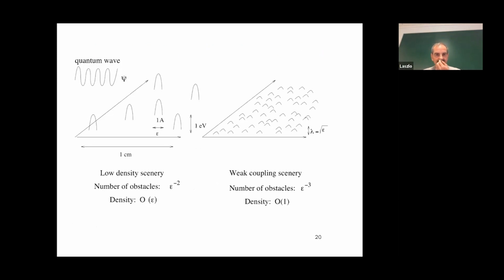So here's a picture, intuitively. It also shows two different scenarios to weaken the randomness. In all these models, it's important that the random potential is not terribly strong. It should not be too weak, to get something uninteresting, but it should not be too strong, in order that we can still do something. There are actually two ways to weaken the random potential. One of them is called the low density, which means that you have few bumps, all scattered around randomly in the space.